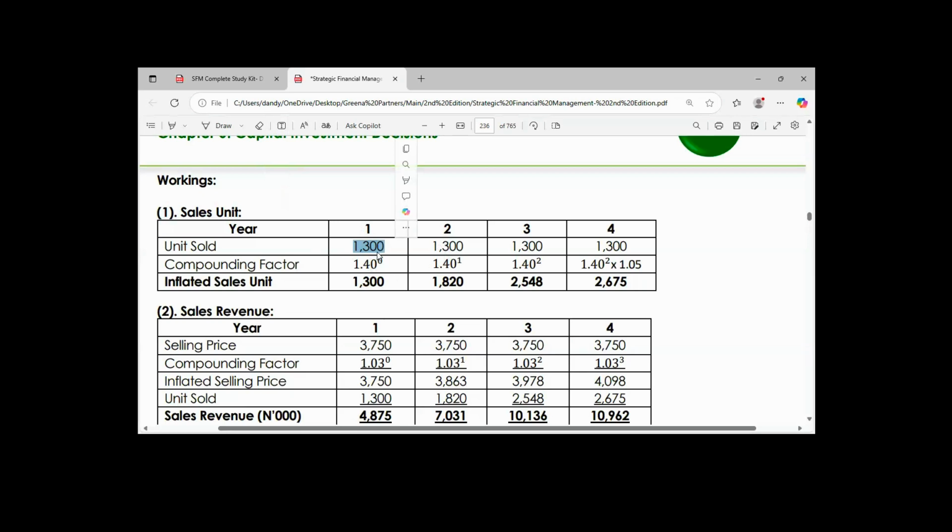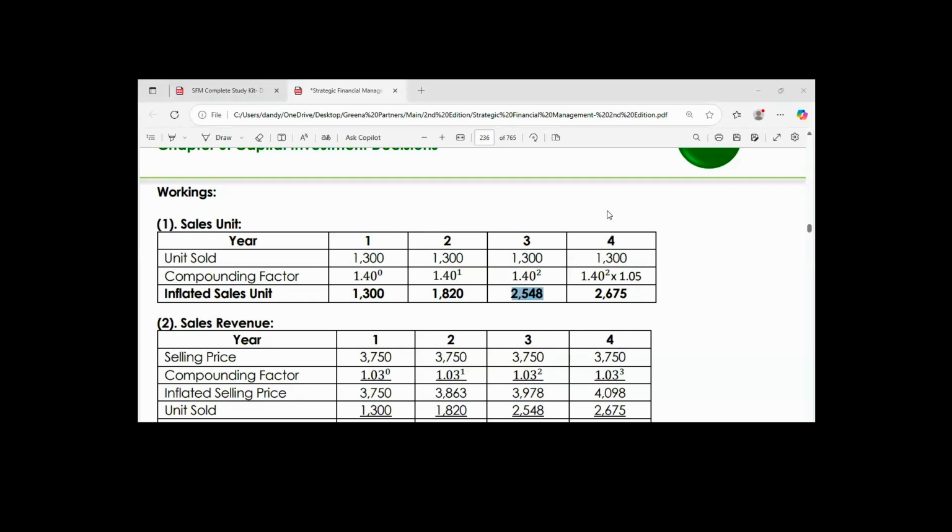All right. So the first year unit is 1,300. Therefore, 1,300 multiplied by 1.4 will give us 1,820. 1,820 multiplied by 1.4 for the third year will give us 2,548. Then we're now told that in the fourth year, it will fall to 5%. Therefore, 2,548 multiplied by 1.05, that will give us 2,675.